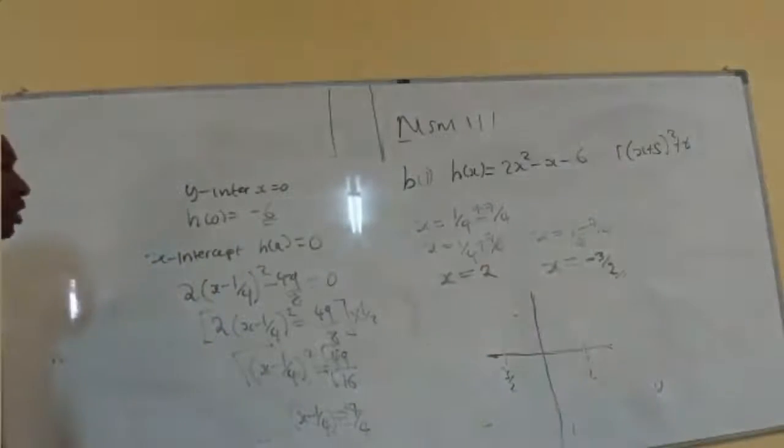Now the turning point was found as negative 49 over 8. So it was actually positive 1 over 4, comma, negative 49 over 8. That's what we had as our turning point. Alright, then we have our y-intercept as negative 6.